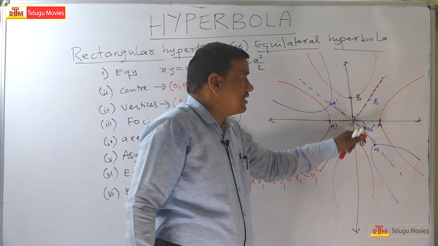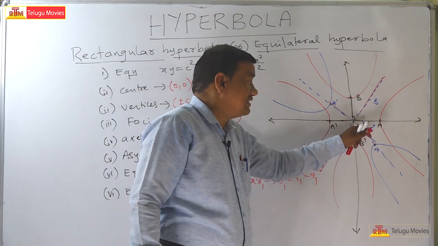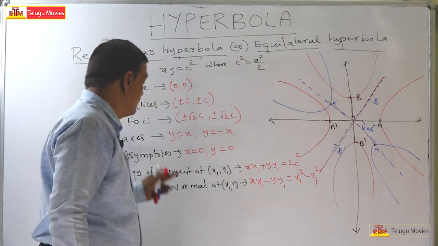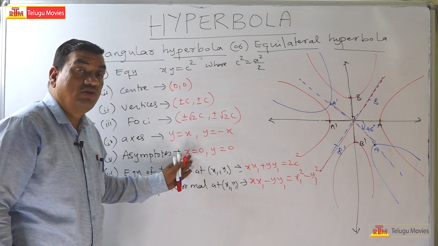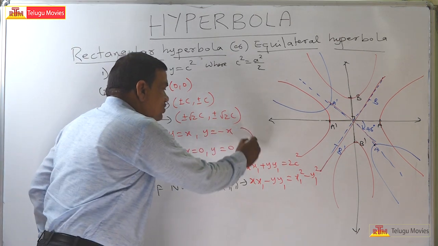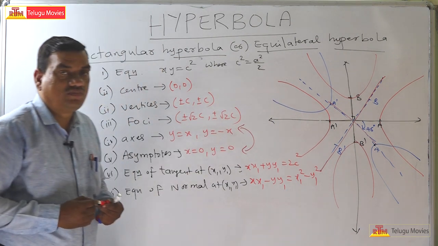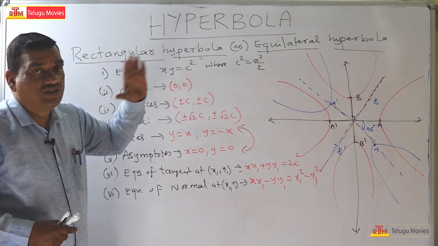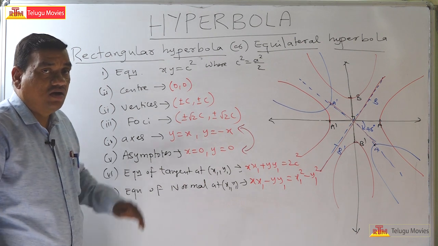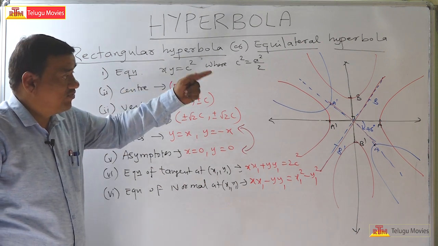When these are the transverse and conjugate axes, your original x-axis and y-axis will act as asymptotes. The equations of the asymptotes are x equals 0, y equals 0. That means these two things will be reversed for the original hyperbola and this rectangular hyperbola. Both will be rectangular hyperbolas of that form and this form.